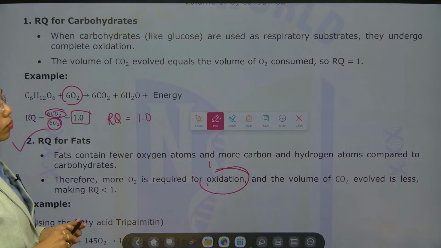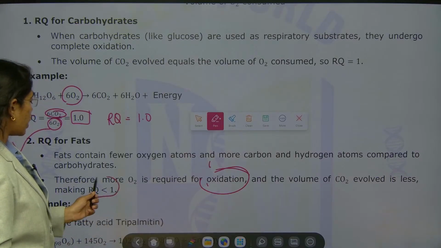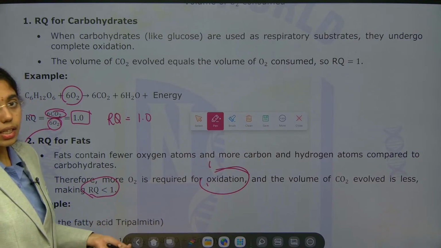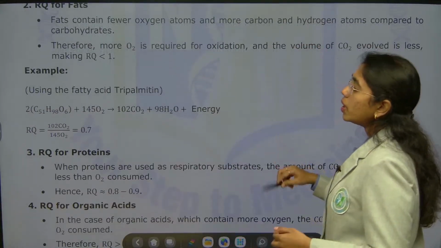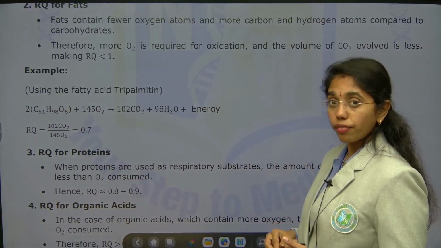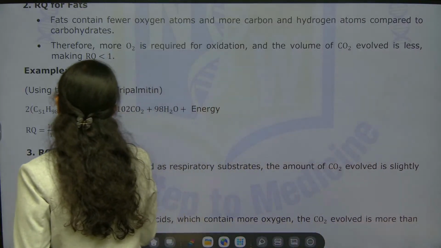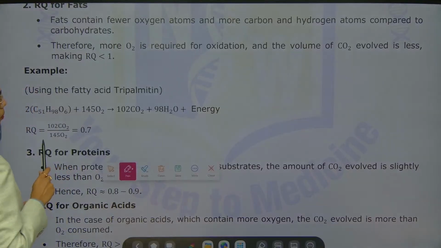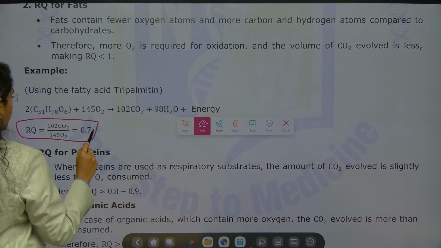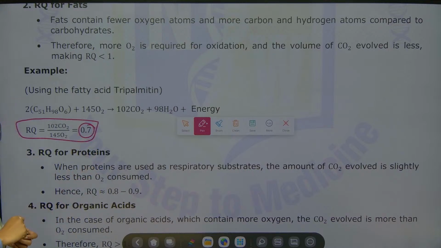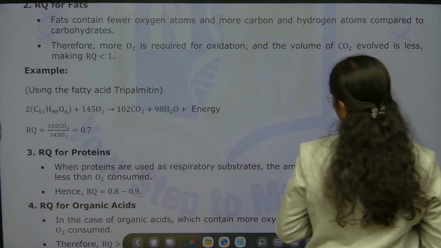So here the volume of carbon dioxide evolved will always be less than the oxygen consumed. So in the denominator more number, numerator less number means the value will be less than 1. As such RQ value for lipids is approximately 0.7. Now we will see RQ value for proteins and organic acids.